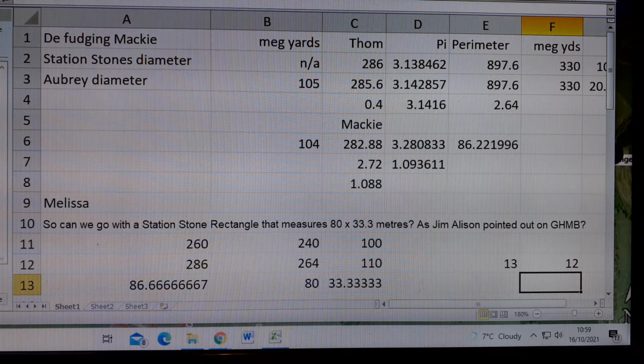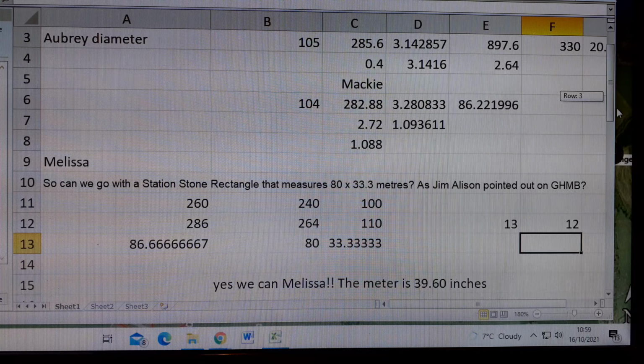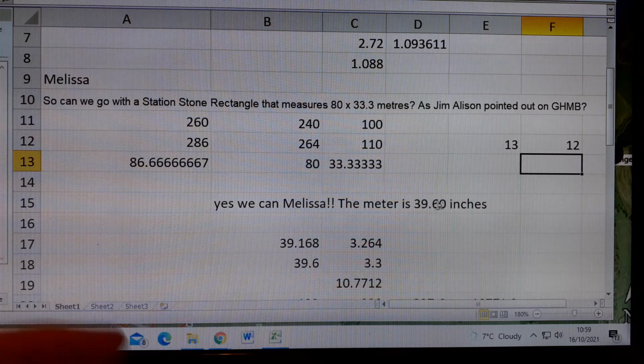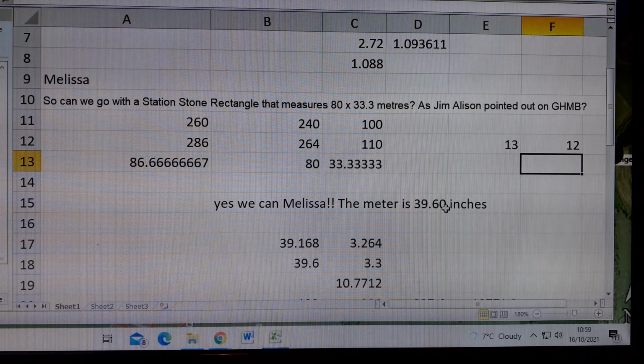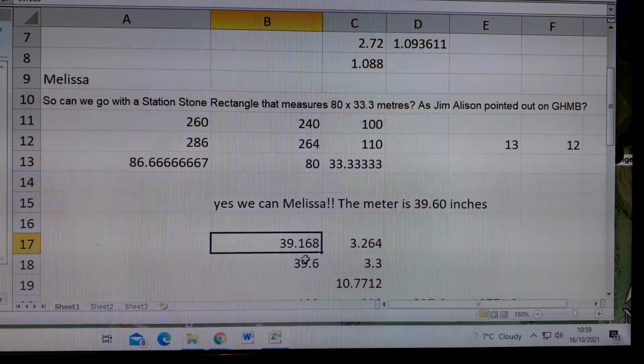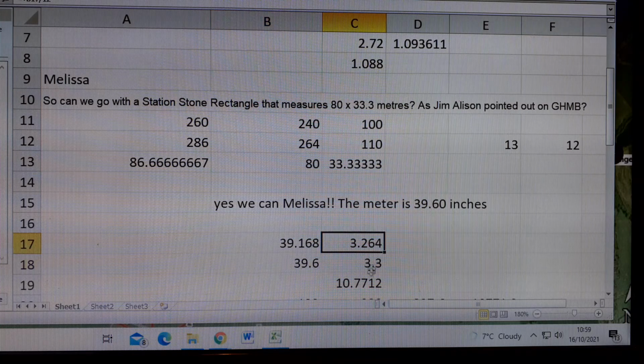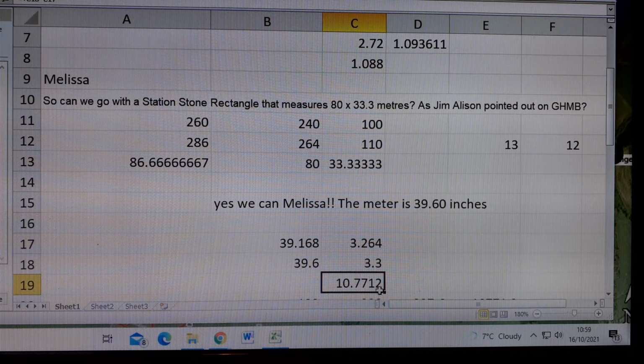And we can use two versions of the meter. Melissa asked the question and I say, yes we can, Melissa. The meter's 39.6 inches. But we've also got this other meter, 39.168. And when we multiply the two together, we get 10.7712.